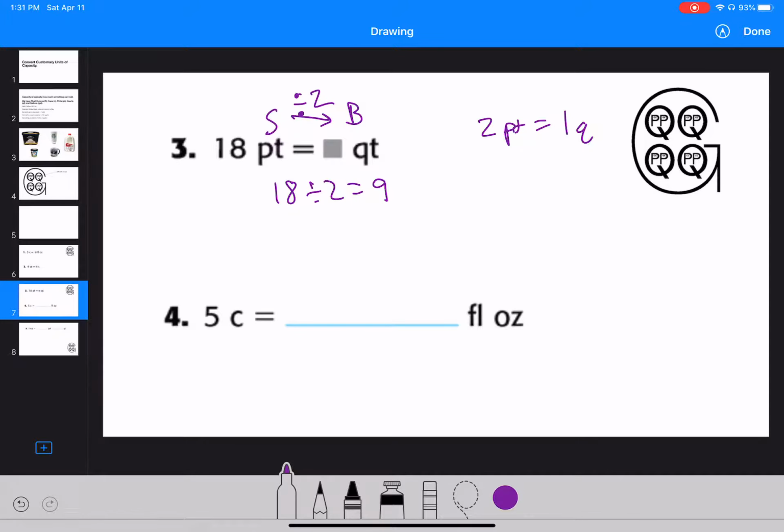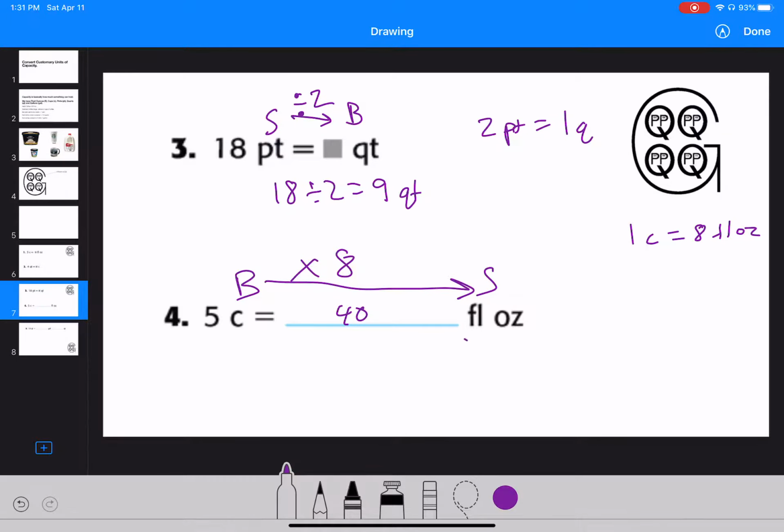So we have 9 quarts. And then finally we have 5 cups equals blank fluid ounces. And again, 1 cup equals 8 fluid ounces. So therefore, going from big to small, we have to multiply by 8. And 5 times 8 is 40.